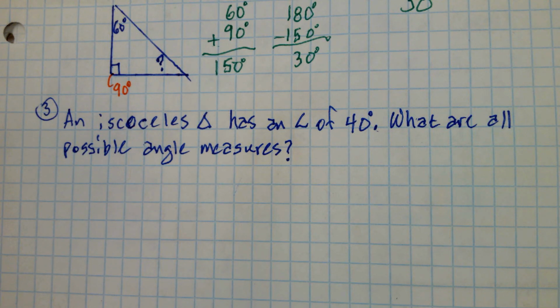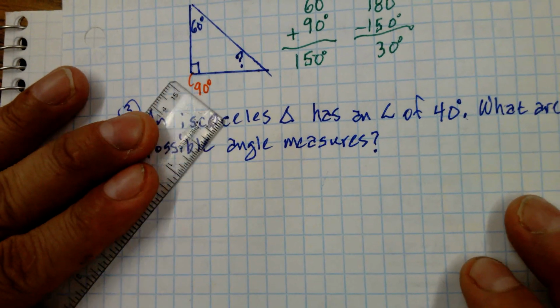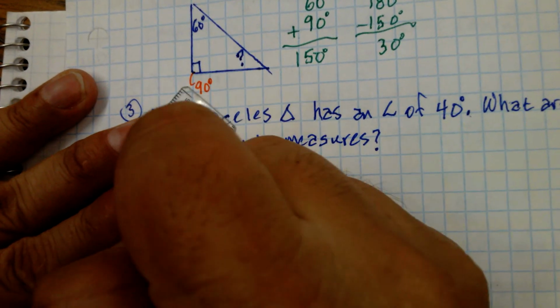All right. So let's draw an isosceles triangle, okay? An isosceles triangle has two congruent sides, okay? So I'm going to make one look like this.